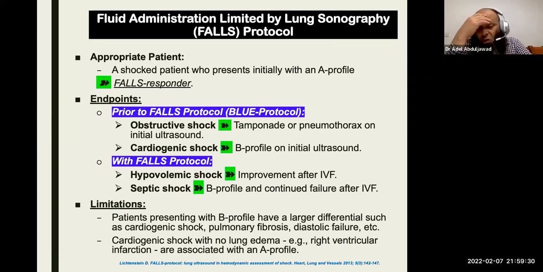The second limitation is cardiogenic shock with no lung edema, like a patient presenting with right heart failure, acute right ventricular infarction. Usually they don't have a B profile, they have an A profile, because this patient has an acute right ventricular infarction, inferior MI with RV infarction. It's a cardiogenic shock, yes, but there is no lung edema.